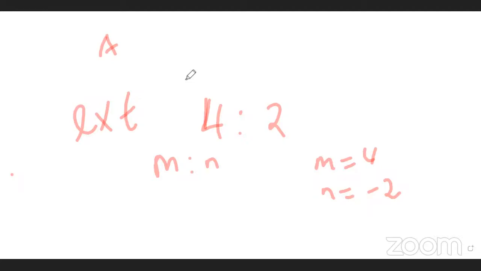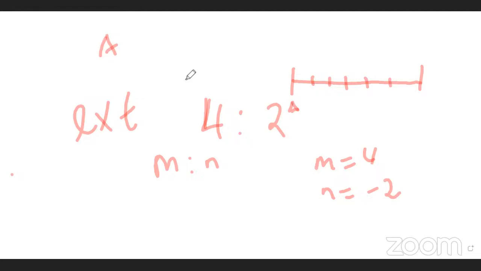Why are we saying -2? Because if, for example, I was to draw that, so we have A, then 1, 2, 3, 4, like that.